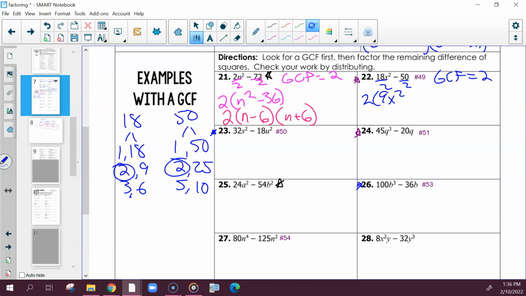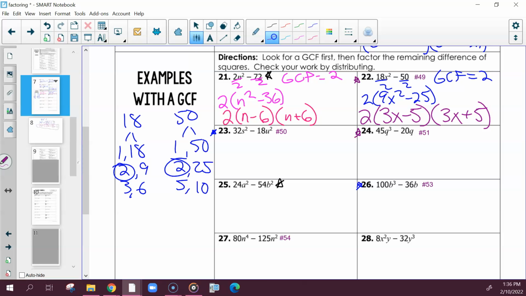And then when we divide 50 by 2? 25. Using what? The difference of squares. So if we reduce it again, what would those two new factors be? 3x minus 5 and 3x plus 5.